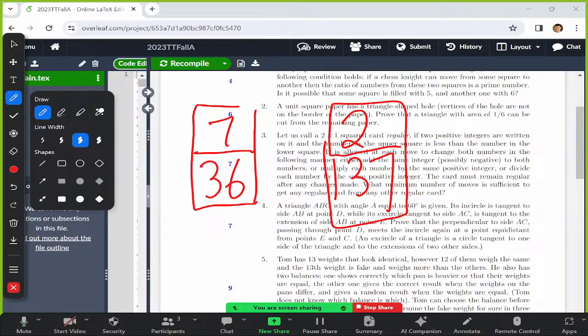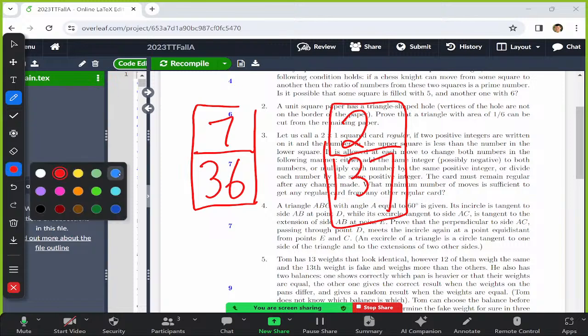Alright, did anyone get it? No? Okay, so remember, we wanted to make the differences the same. What's the difference here? 29.